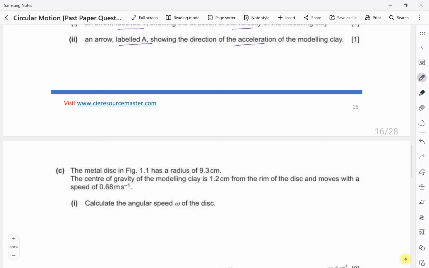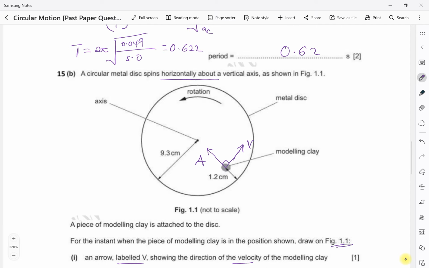The metal disc in the figure 1.1 has a radius of 9.3 centimeters. The center of gravity of the modeling clay is 1.2 centimeters from the rim of the disc and moves with a speed of 0.68 meters per second. So let's first get the radius of the path.